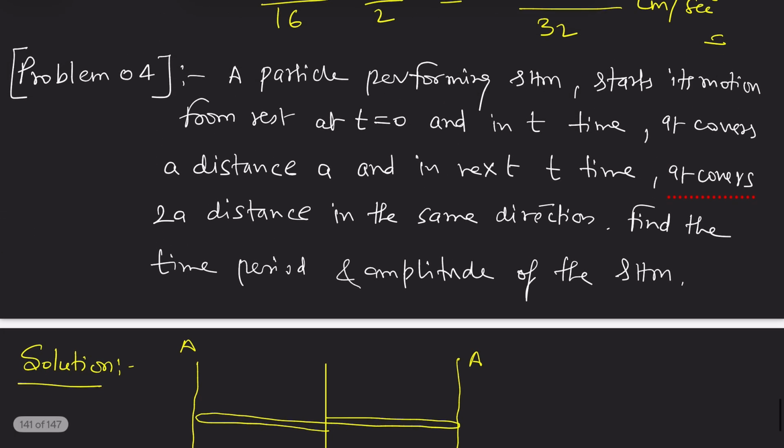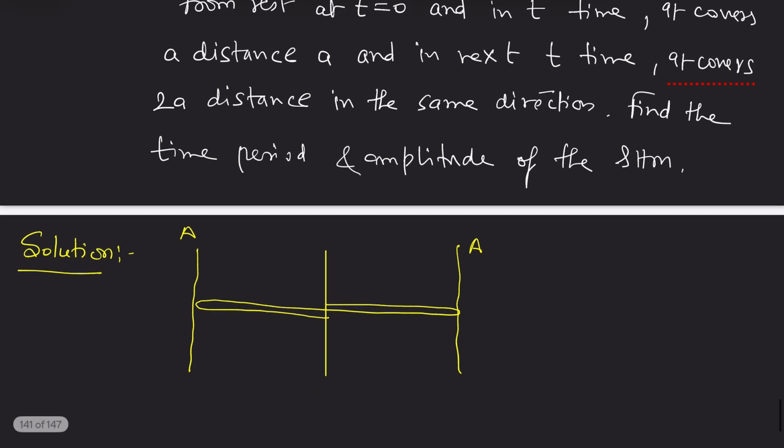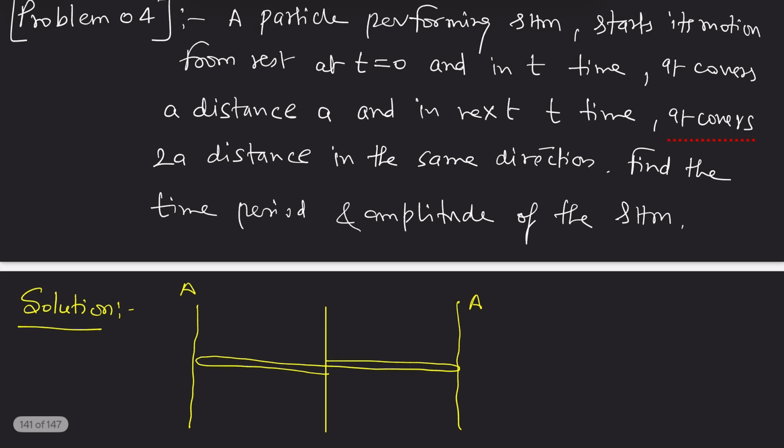Now in the question, if you see closely, it says that a particle performing SHM starts its motion from rest, which means the particle is right now at either a positive extreme or a negative extreme. For convenience, I am taking that the particle is at the positive extreme only. So here the particle is there.